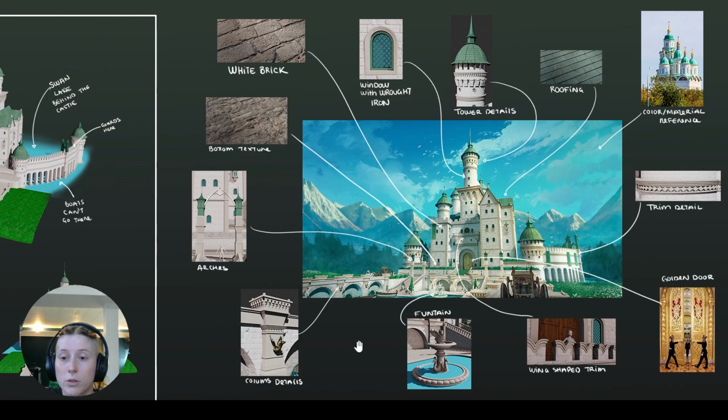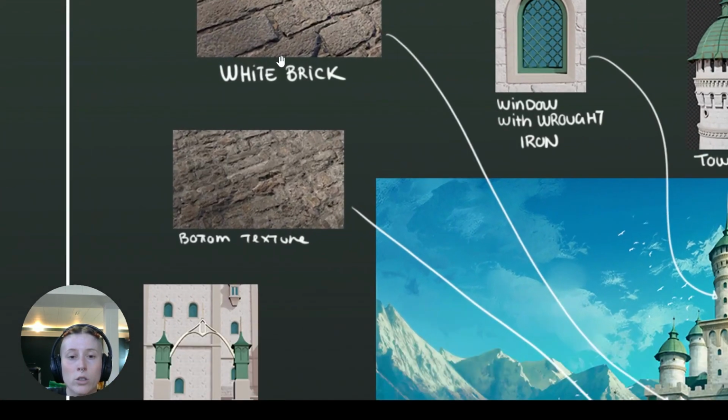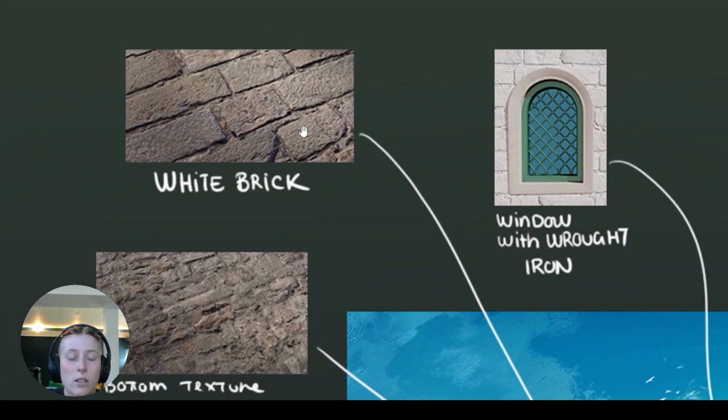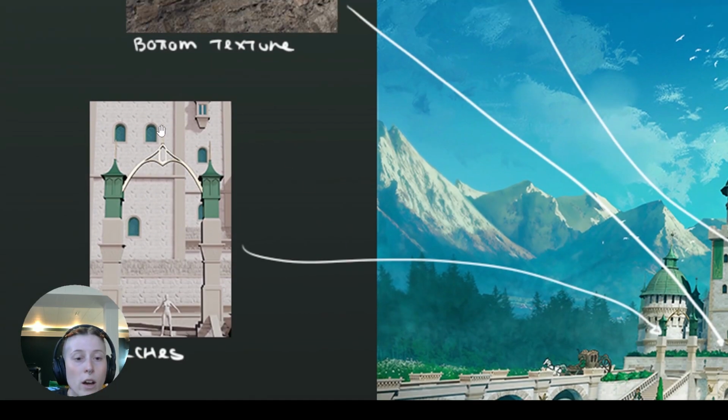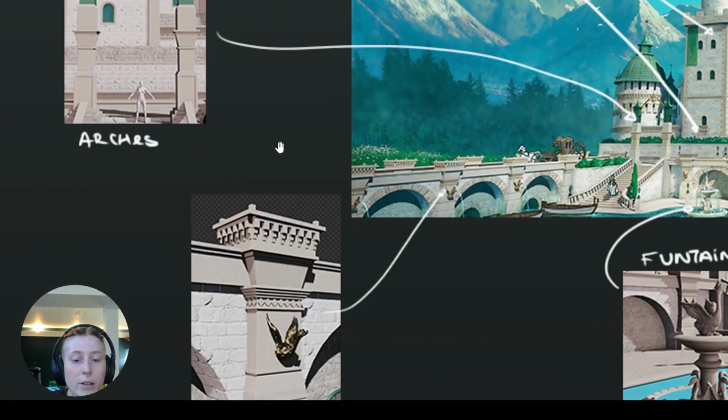I will also add some references for what I used. This is always super useful in game production for the team that will do the texture and the modeling. When I did the texture I used mainly textures from Quixel, so I will reference those there, and I will also reference some more details that I did here.